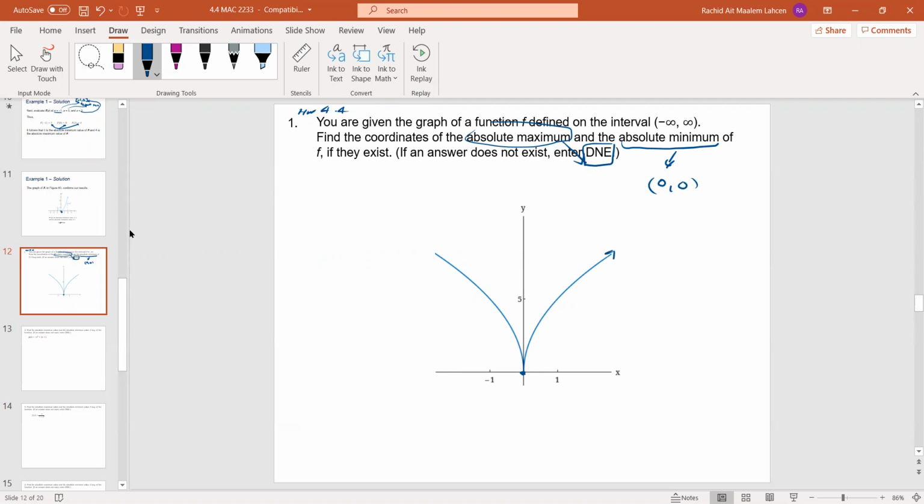Remember, these go toward infinity, so there is no max. We need a point that has the highest y.